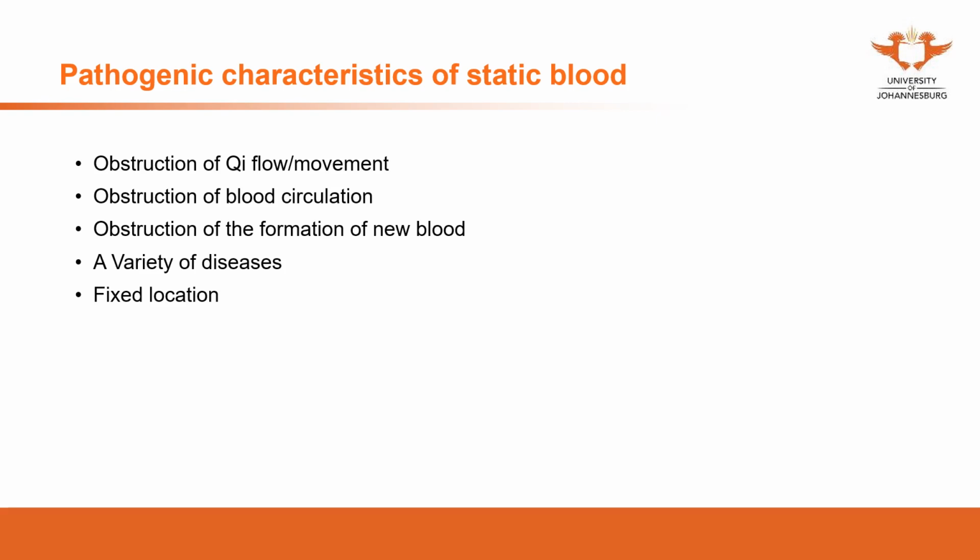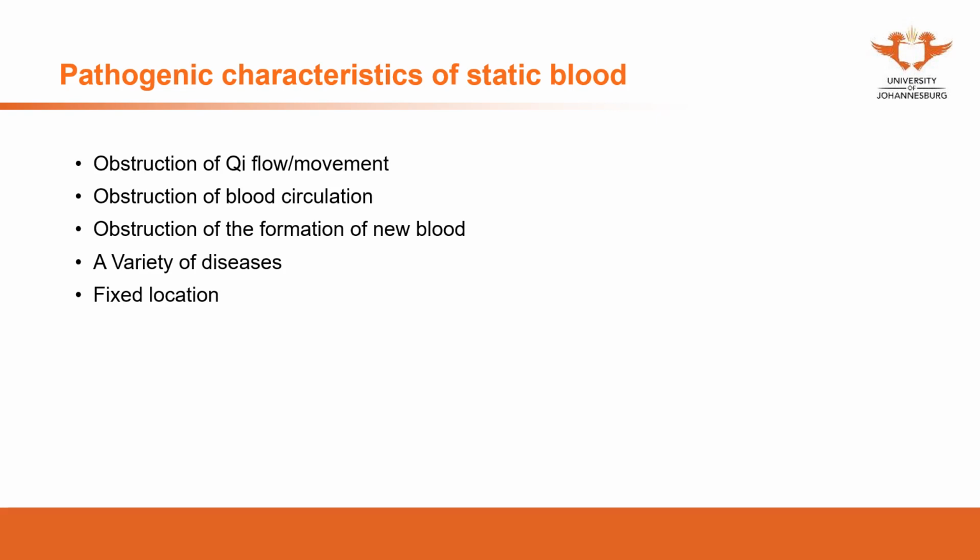Then the next one is quite important: the obstruction of the formation of new blood. In Chinese medicine theory, wherever there's static blood, new blood will never form, because the space is occupied by the static blood, so the new blood has no space to come in.